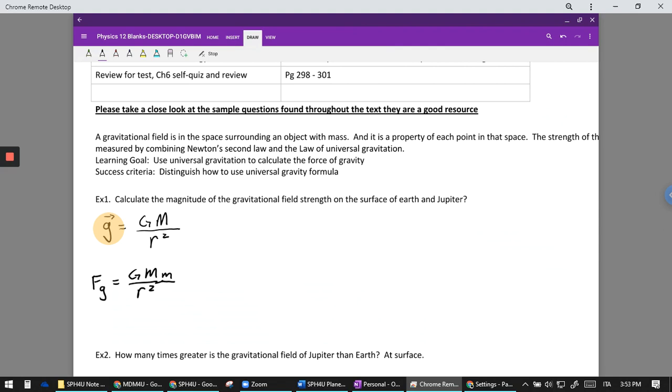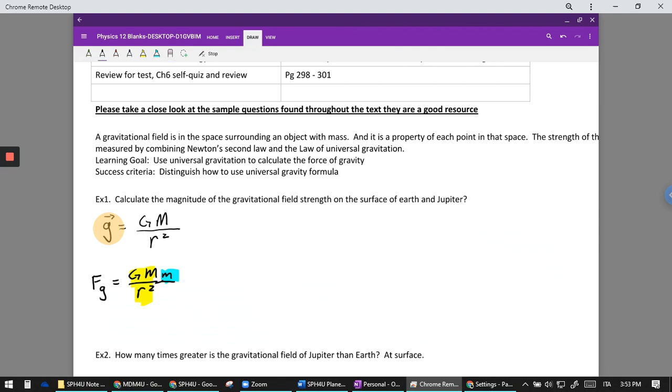So basically what we're saying here is that the gravitational field, which is this thing, times a mass, which is that, should give me the force of gravity, okay? So you want to keep that in mind. The gravitational field is one formula, and then the force of gravity is another formula, okay?